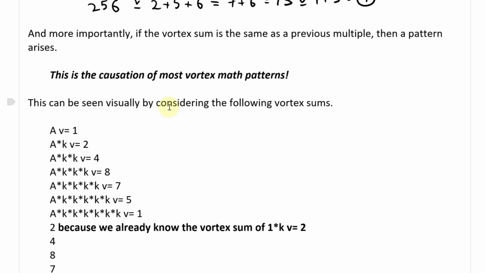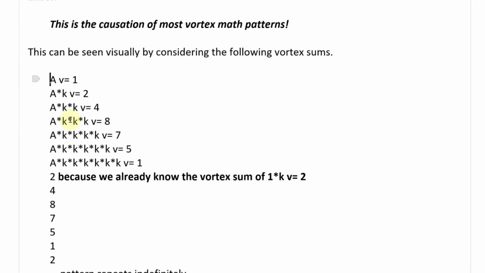And this can be seen visually by considering the following vortex sums. So let's say you have number A, and the vortex sum is equal to 1. And let's say A times K, the vortex sum is equal to 2. And then A times K again, so you just multiply it by another K, V equals 4, and let's say you multiply it again by K, and then V equals 8. Then you multiply again, it equals 7, and then multiply again equals 5, and multiply again equals 1.